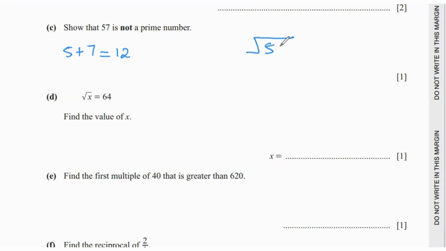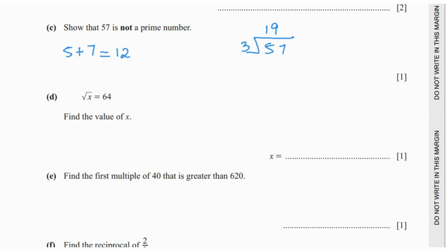So that means if we divide 57 by 3, that is going to give us 19, because 19 times 3 is 57. So this shows that 57 is not a prime number. If it was not divisible by any other number, then it would have been a prime number. But since 57 is divisible by 3 and 19, it's not a prime.